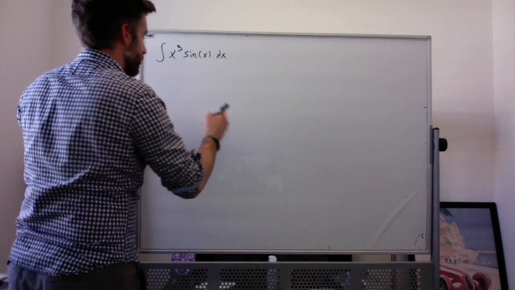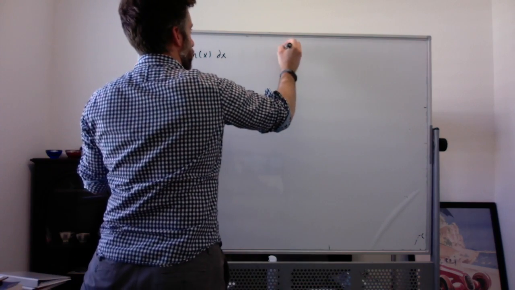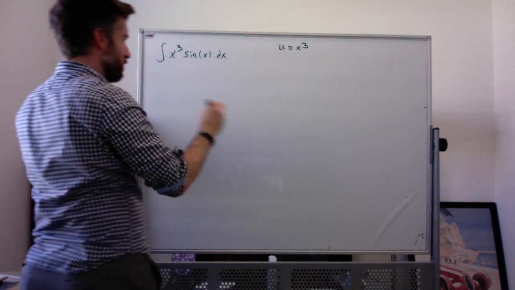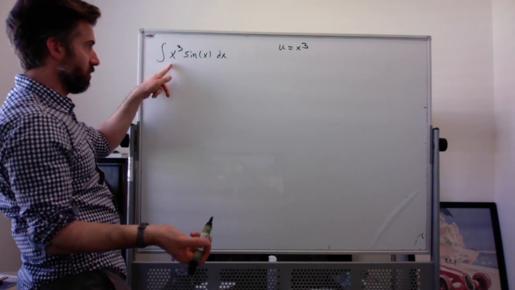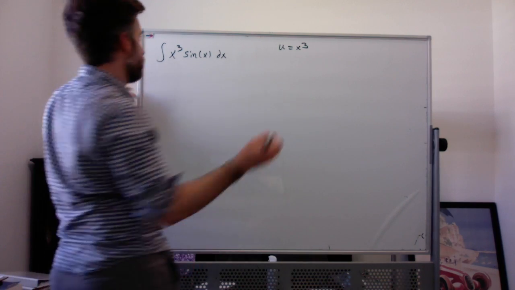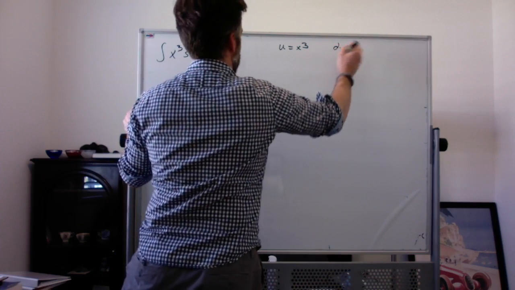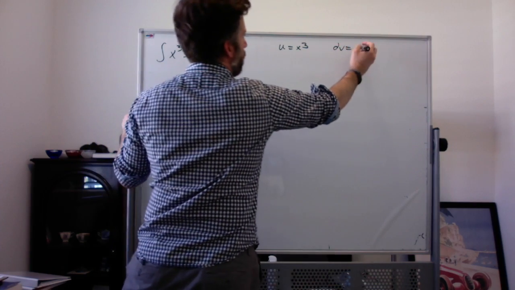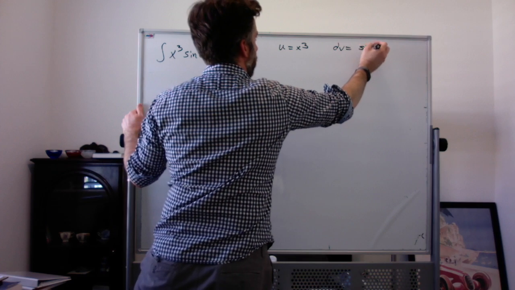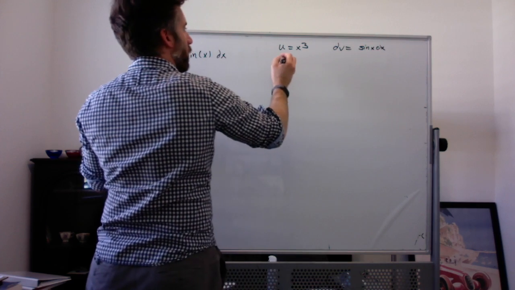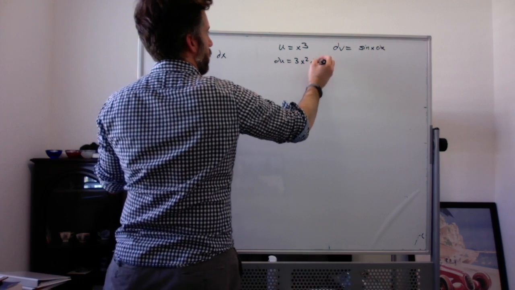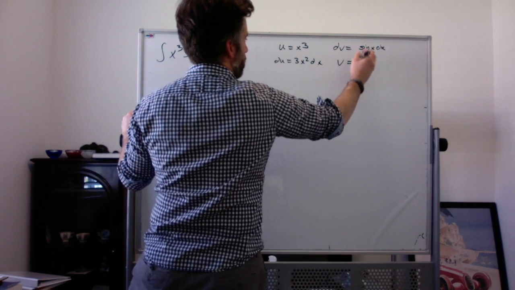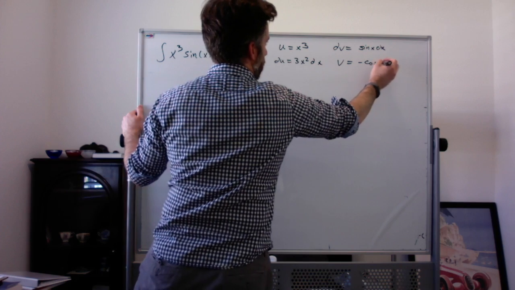So first step, u equals x cubed, right? Again, using LATE, LA, algebra, u is the algebra term, x cubed. Trig is dv, so we didn't get the trig because we stopped it. So my dv is sine of x dx. du is 3x squared dx, v is the antiderivative of sine, which is negative cosine of x.